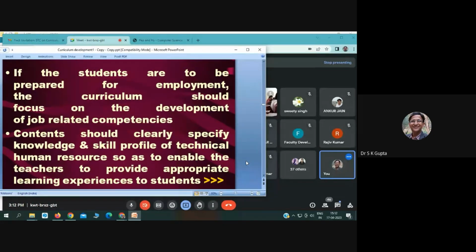But when we look at the activities, the job requirements of diploma and degree are different. So accordingly, we have to see the level of the program, whether it is at certificate level, diploma level, or degree level. So accordingly, we have to design our program.